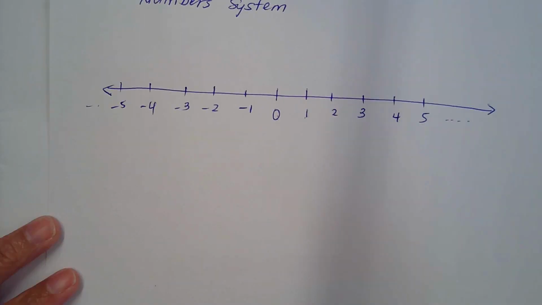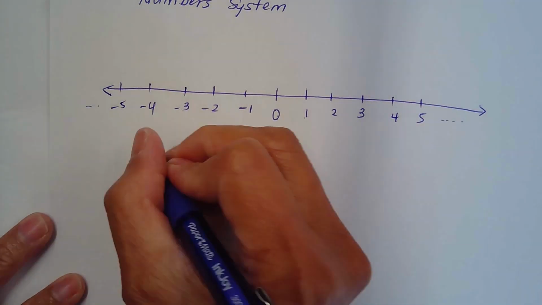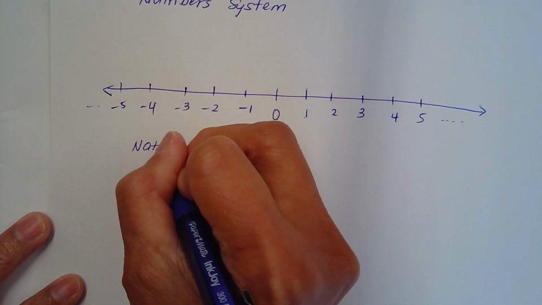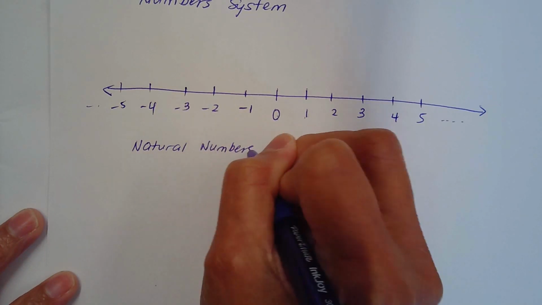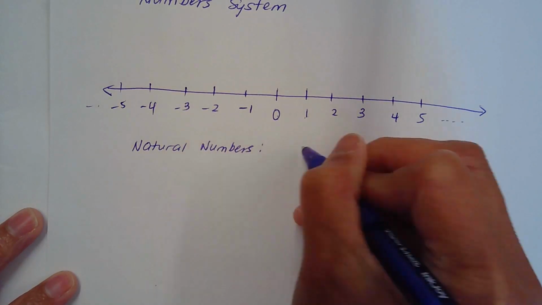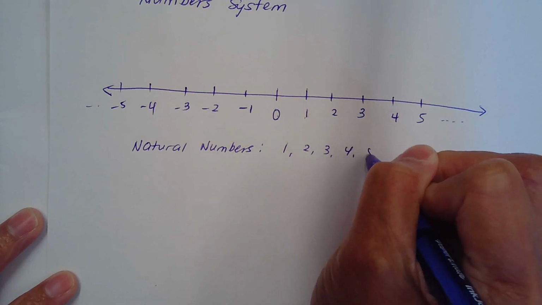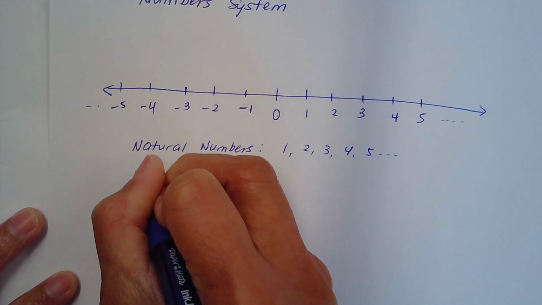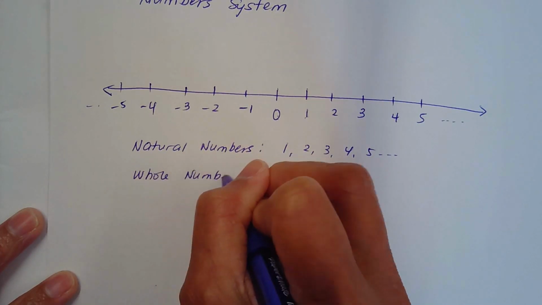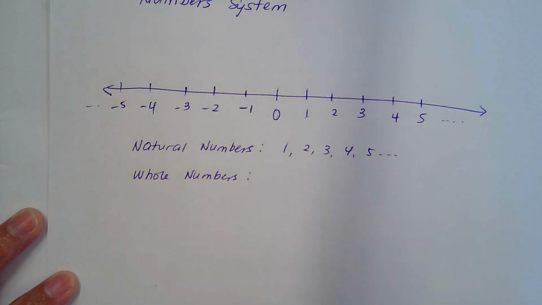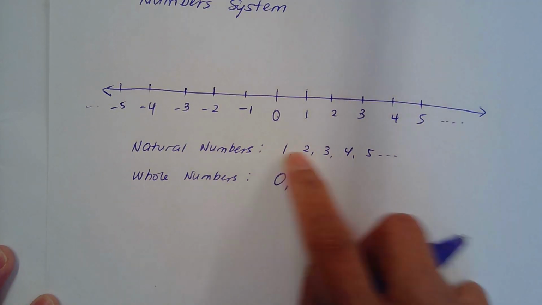So we first started with the natural numbers, and natural numbers are 1, 2, 3, 4, 5. And then we talked about whole numbers. Whole numbers are the 0 and all of that.